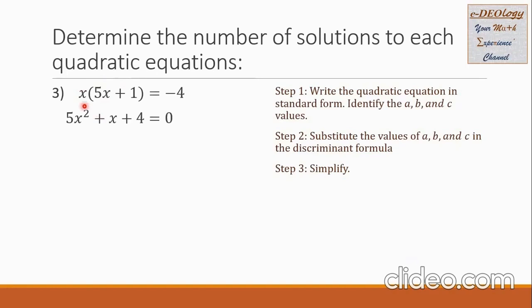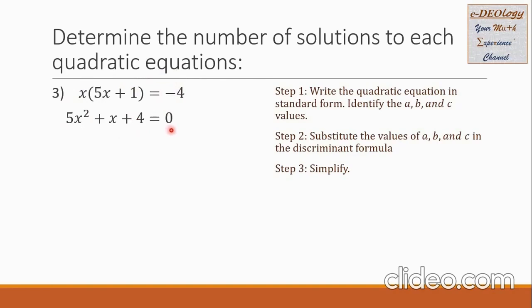So we have x times 5x is 5x squared plus x times 1 is x, and then the negative 4 on the right side is transposed to the left. The sign will be changed. From negative, it becomes positive, and this is equal to 0.